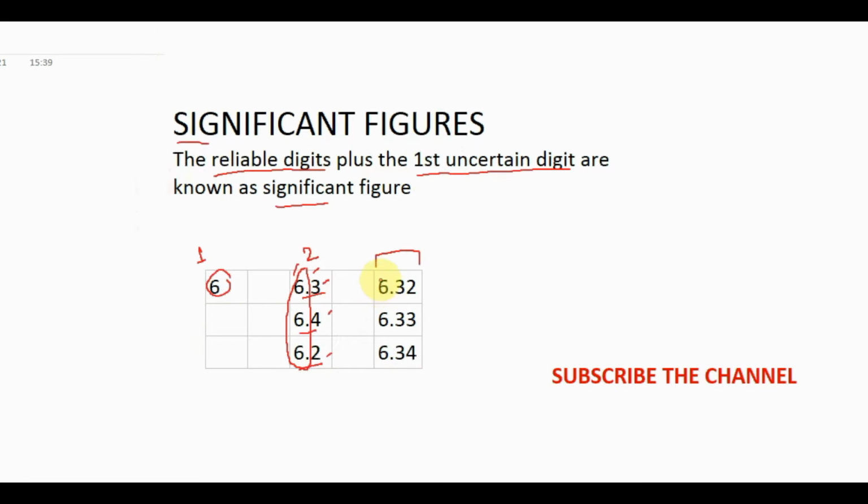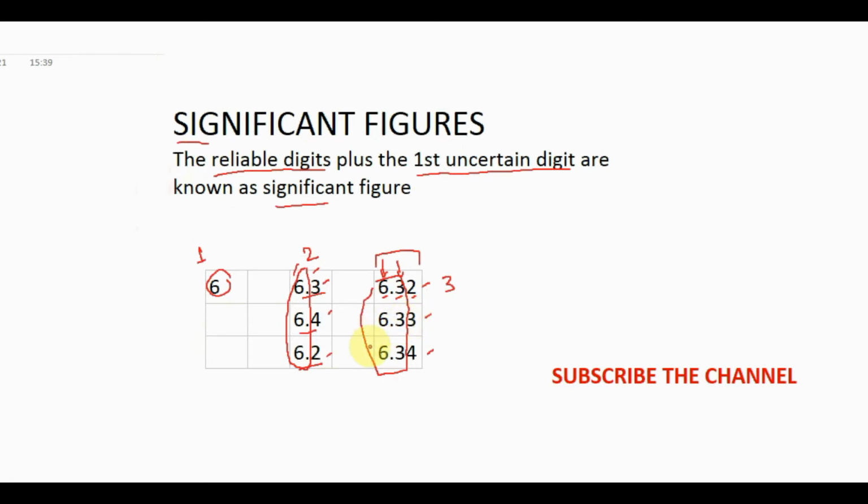Here the reliable digits are 6 and 3, which are common, and 2, 3, 4 are the uncertain digits. Here the significant figures are 6, 3, 2, so the number of significant figures is 3. This is the way of finding them.